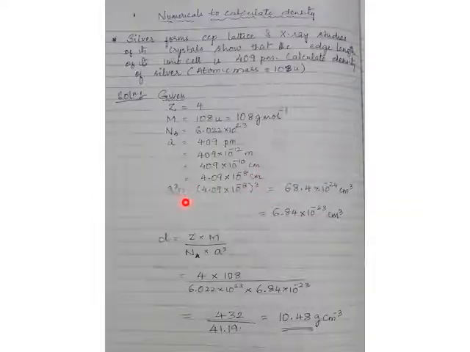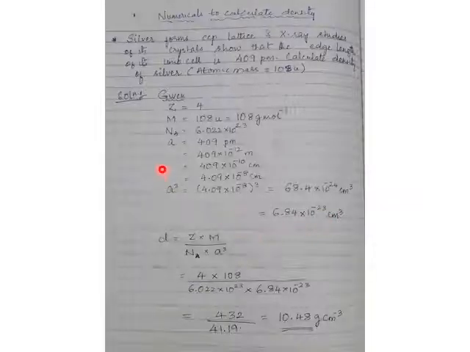Now you will take a cube, which will be equal to 68.4 into 10 raised to minus 24. To make the calculation easy, we can shift the decimal again so that the power becomes 10 raised to minus 23. So that when you are substituting the values in the numerical, you can cancel out the powers of Avogadro number and this volume exponential form.